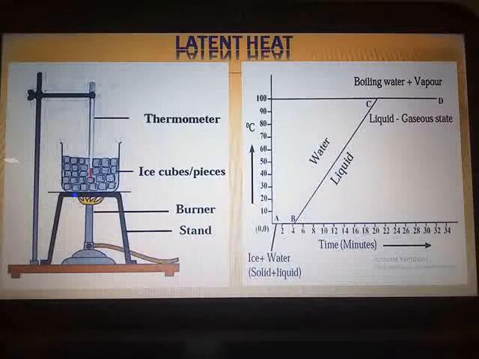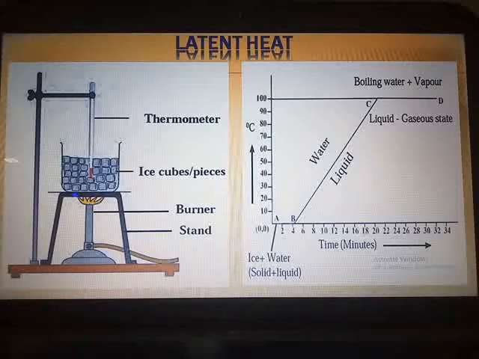As the ice is heated, it will start melting, from the solid to the liquid phase. Stir the mixture of this ice and water. Continue the heating even after you see that ice starts melting, and also you have to plot a graph of temperature versus time.